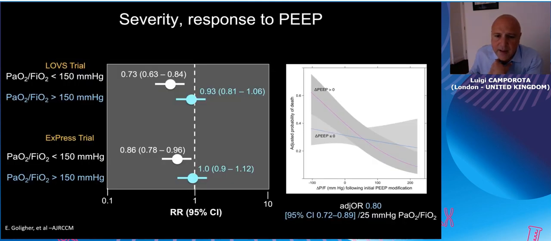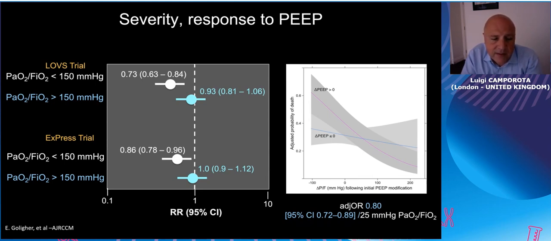on oxygenation or based on respiratory mechanics. However, we can say that some of the dynamic maneuvers that we can see following change in PEEP are very important. So first of all, it should be in patients who have a more severe ARDS, so 150 millimeter of mercury or less.